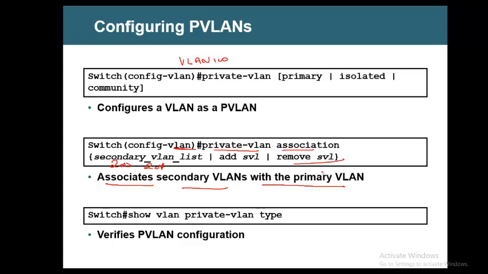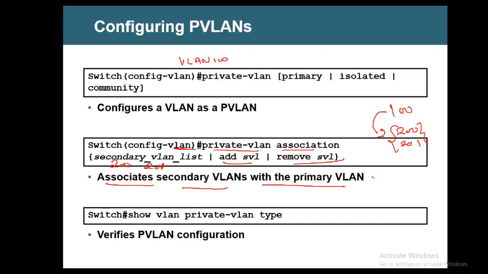If you have already added, then you can use the add command to add another secondary VLAN. This association is important first. First we need to say which is going to be primary and which all are under this primary.